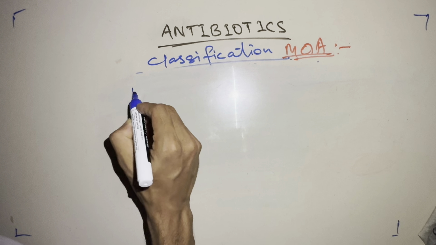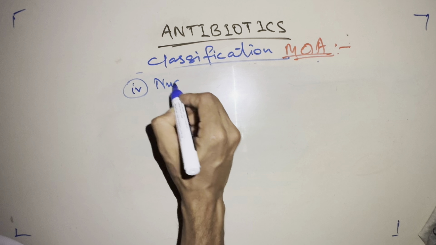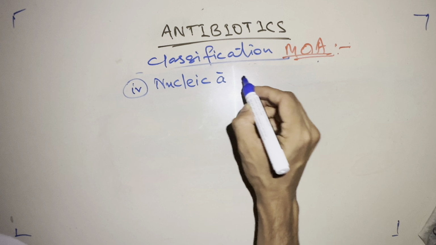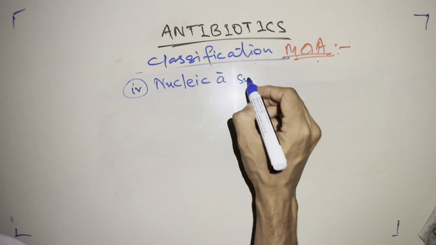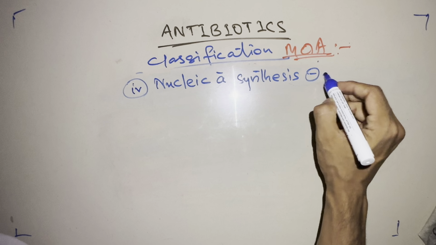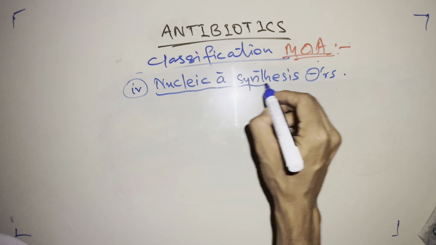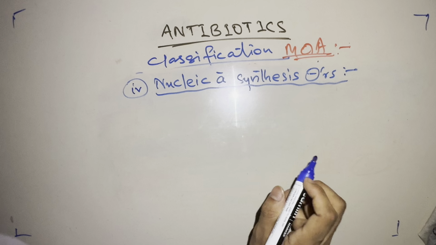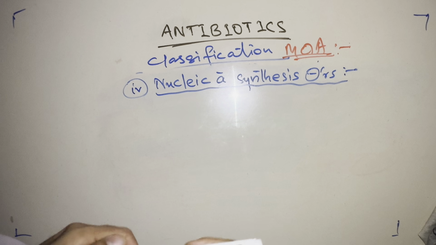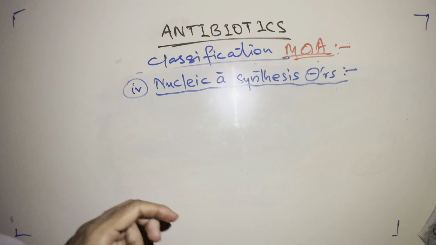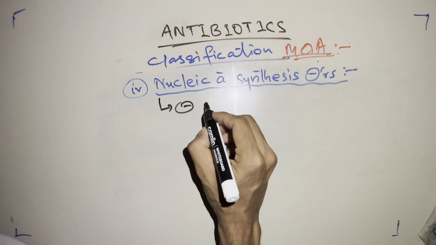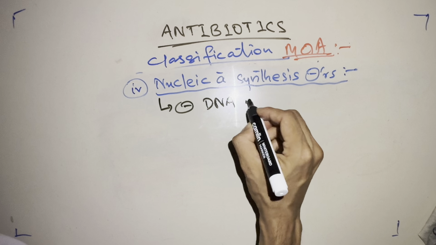So number 4, nucleic acid synthesis inhibitors. First I'll tell you that nucleic acid synthesis can be inhibited by, number 1, inhibiting DNA replication.